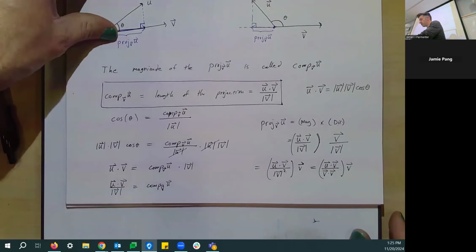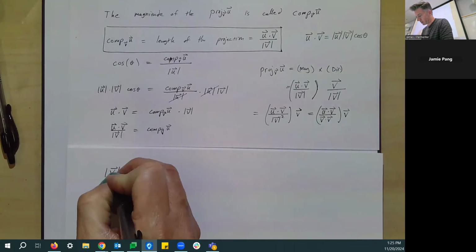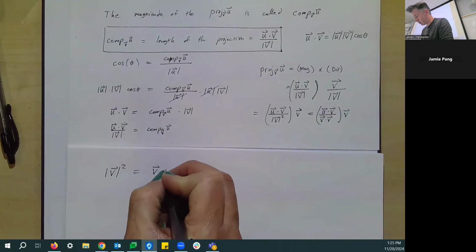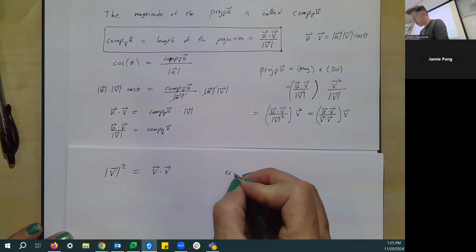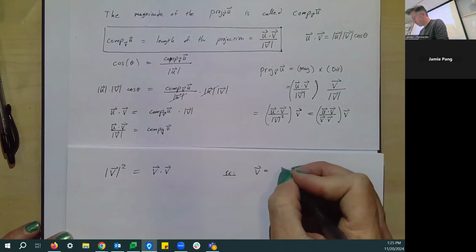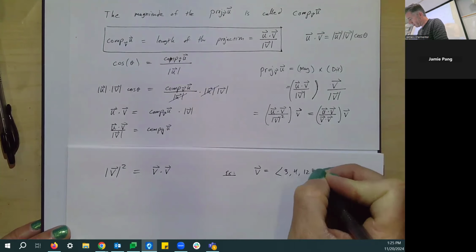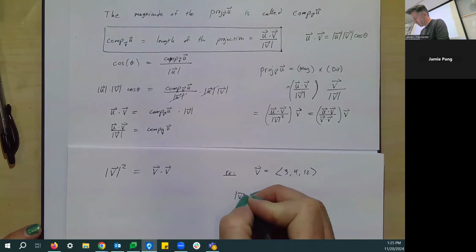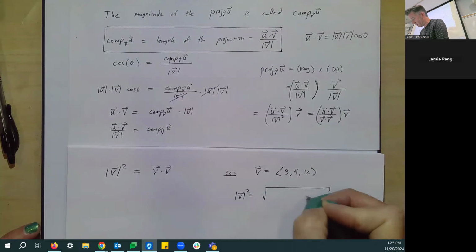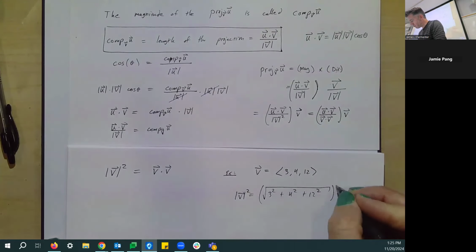Which I will actually point out brings up something kind of useful. It is true that the magnitude of a vector squared is equal to the vector dotted with itself. For example, if v is equal to the vector, I don't know, sure, 3, 4, 12, just to make it interesting, you could either find the magnitude of v squared as the square root of 3 squared plus 4 squared plus 12 squared, and we're squaring it, right?